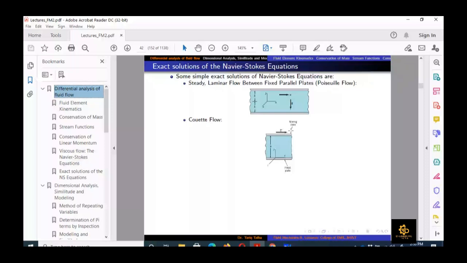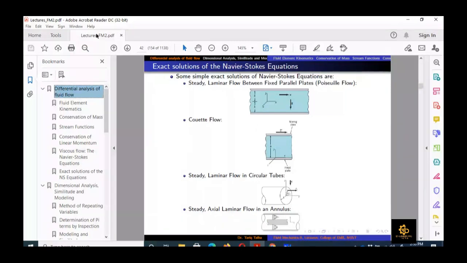That is called Couette flow. Similar solutions can be found for flow through pipes or flow through an annulus, which is the space between two concentric pipes. So I hope we can start getting the solution for the Poiseuille flow.